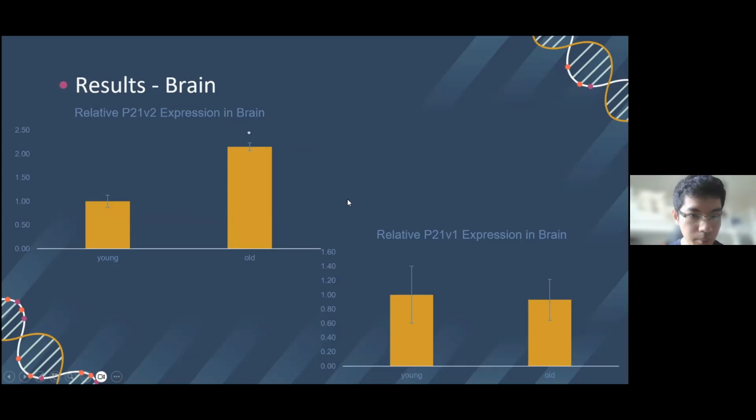As for the brain samples, P21 variant 2 showed a significant increase in older mice, unlike in P21 variant 1. This is similar to the adipose tissue as well.